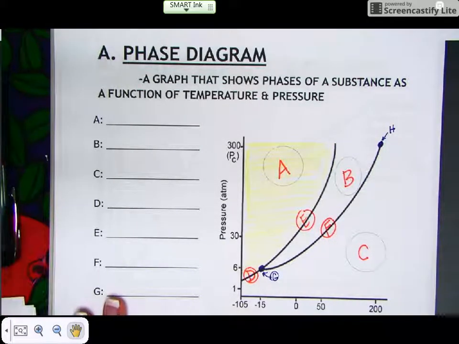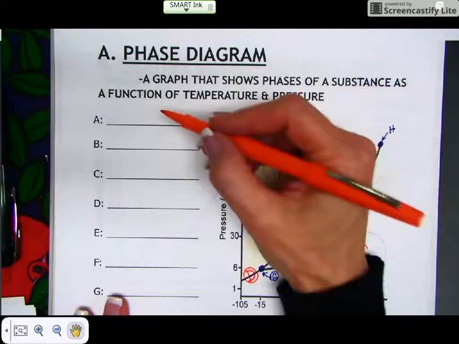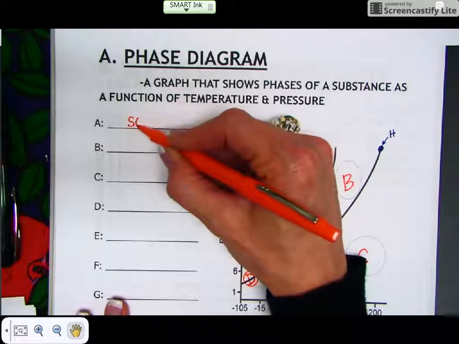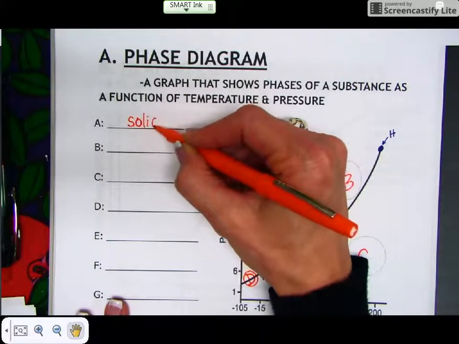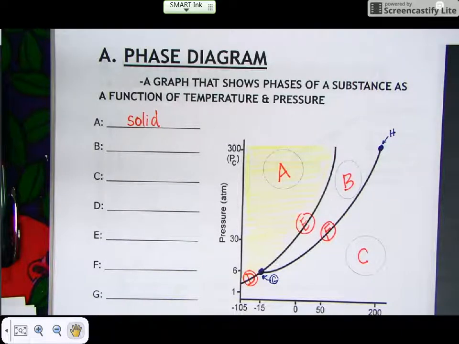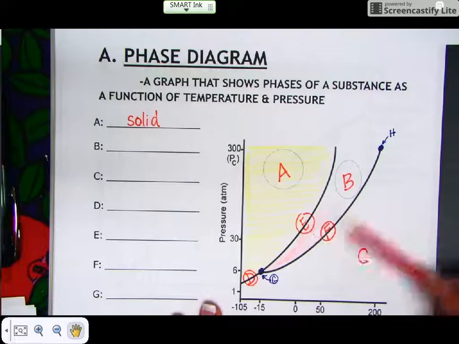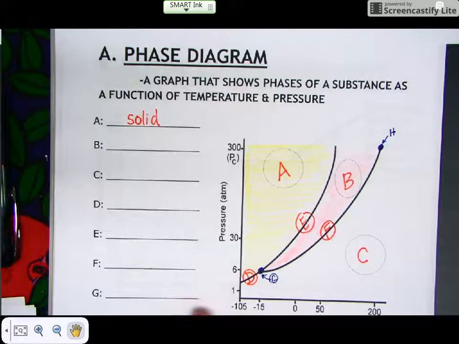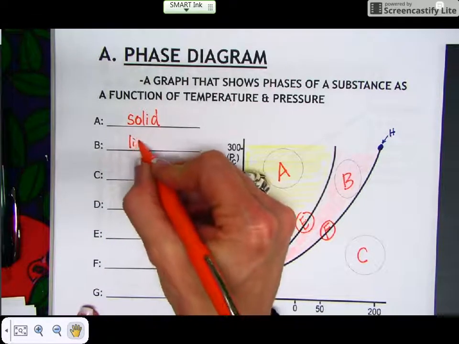In that particular region, you would have the substance existing as just a pure solid. In section B, which represents the little region here, temperatures and pressures in this region, this is where the substance would be just a pure liquid.